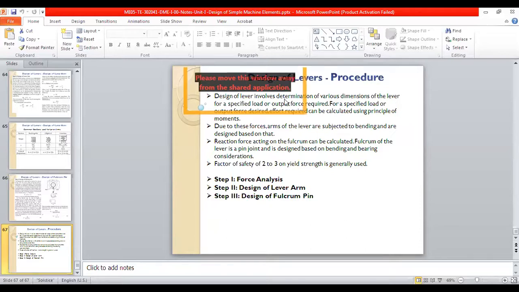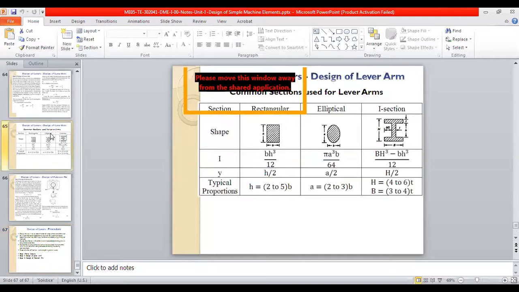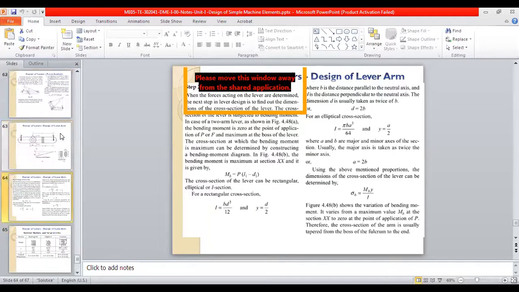Today's lecture we will take a numerical and try to solve it and design the lever. But before that, in 5 to 10 minutes we'll quickly go through the procedure of the design of the lever once again, so that you can understand the numerical clearly.